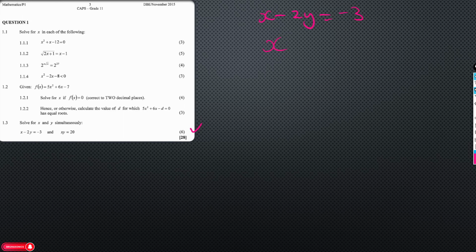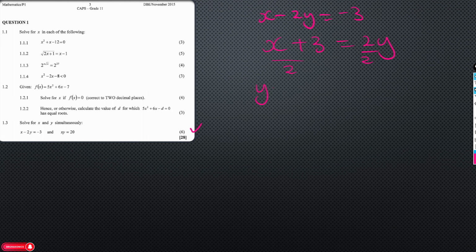So x plus 3 is equal to 2y, right? So negative 2y now will be positive, and this will be positive as well when it jumps the equal sign. And then I'm going to divide this by 2 and then this by 2.